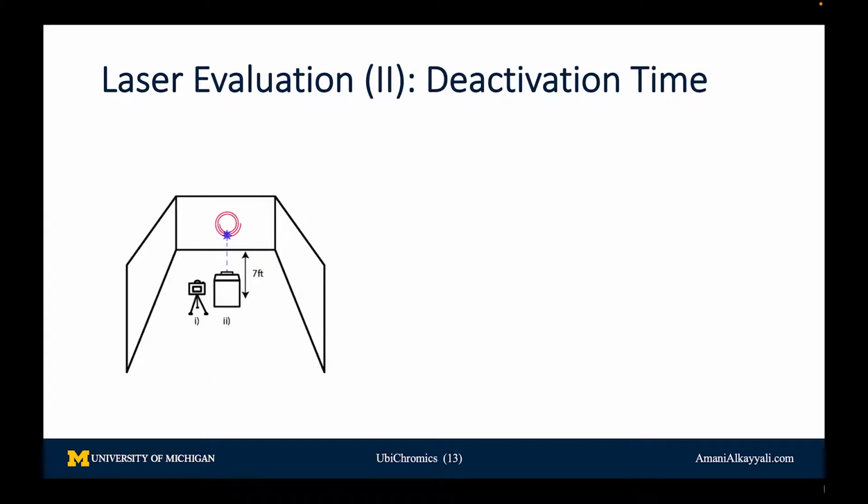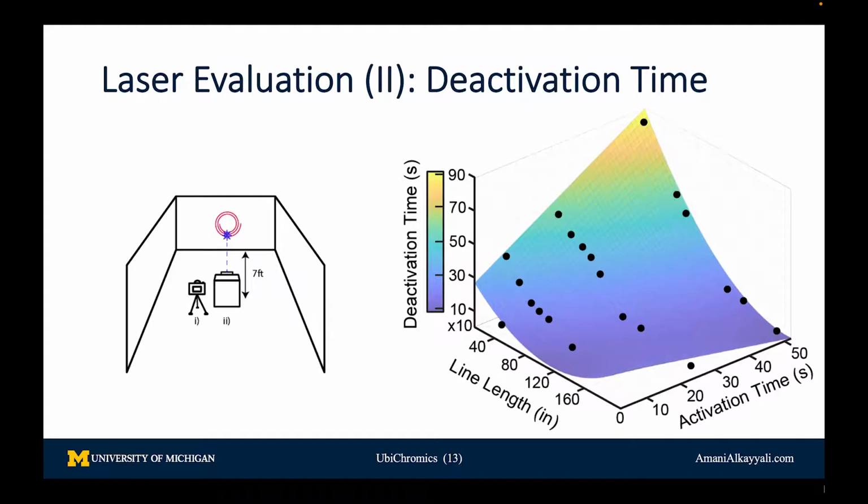We also evaluated deactivation time as a matter of line length and activation time. So with the laser, we projected spirals of various sizes to equate different lengths, and we measured how long it took for them to deactivate back to clear.